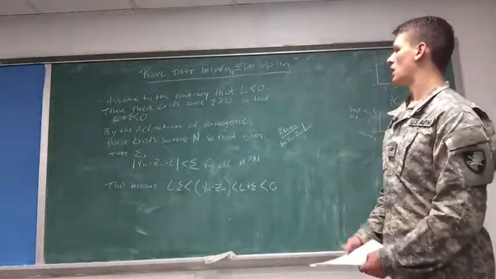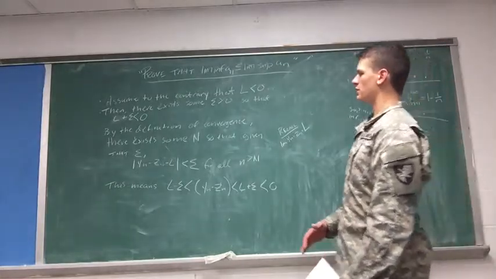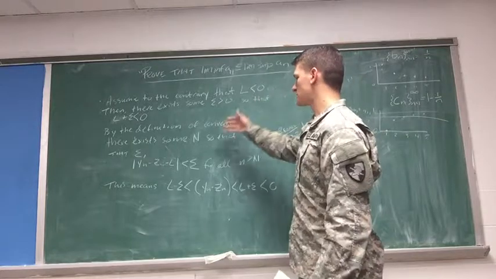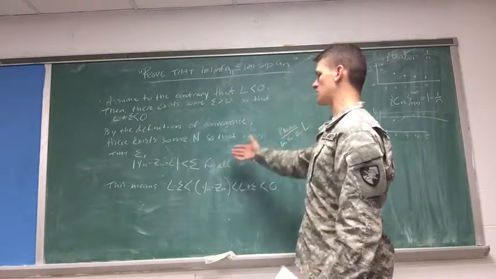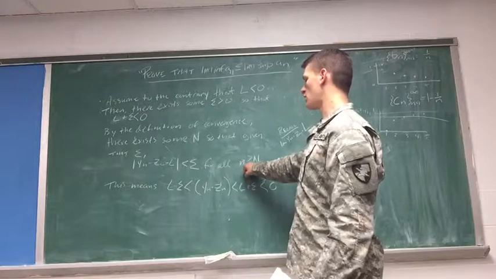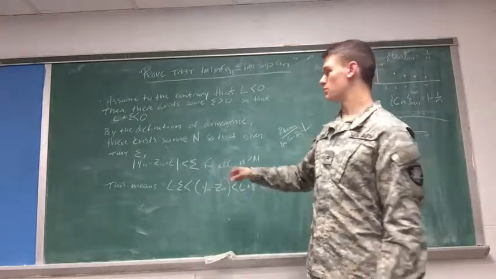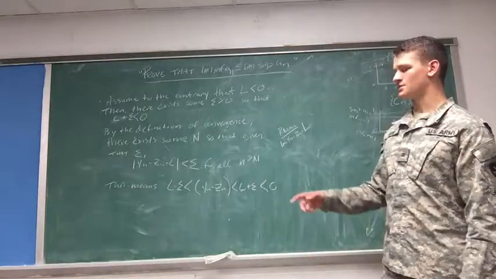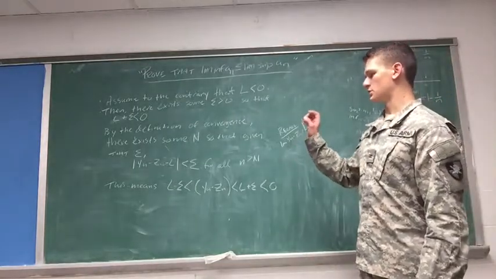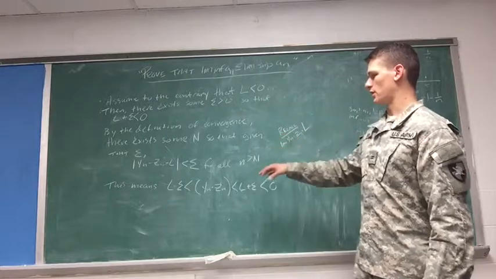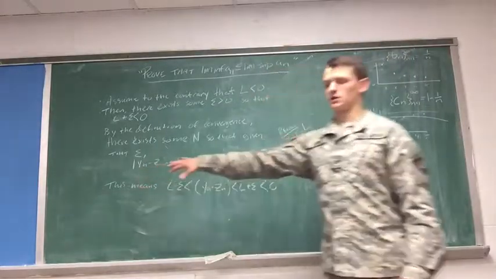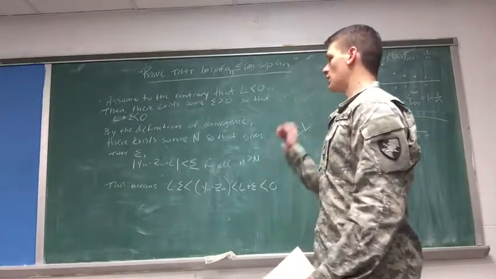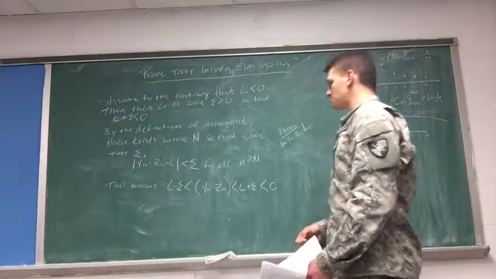Now, I'm going to say that since these are supposed to converge, there has to exist some big N where for all little n greater than big N, y sub n minus z sub n minus L is either less than or greater than epsilon, depending, since it's an absolute value. So the absolute value of y sub n minus z sub n minus L is less than epsilon.